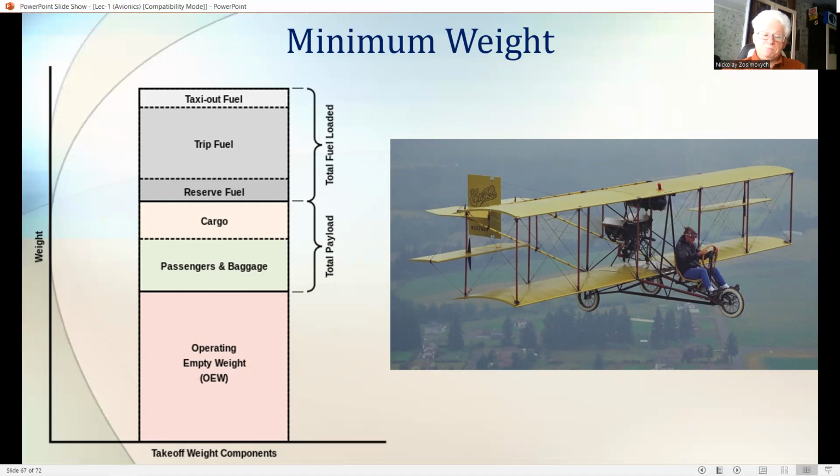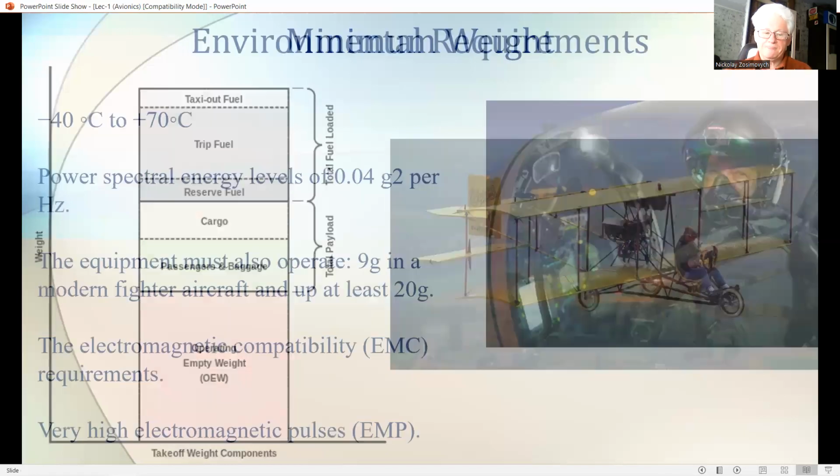Or if the payload is kept the same, the range is reduced. For this reason, tremendous efforts are made to reduce the equipment weight to a minimum, and weight penalties can be imposed if equipment exceeds the specified weight.